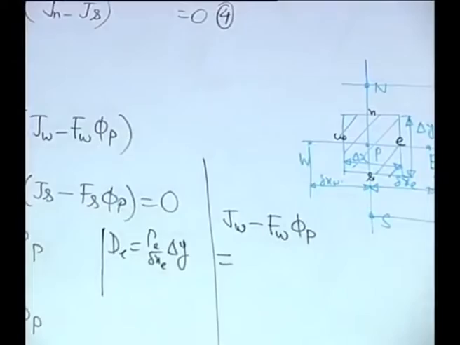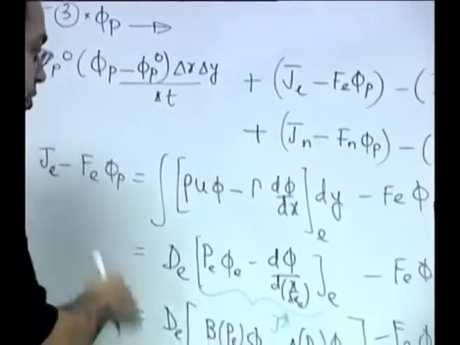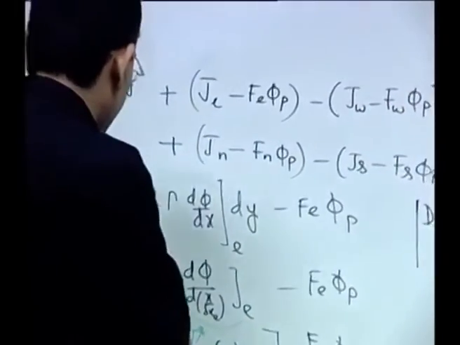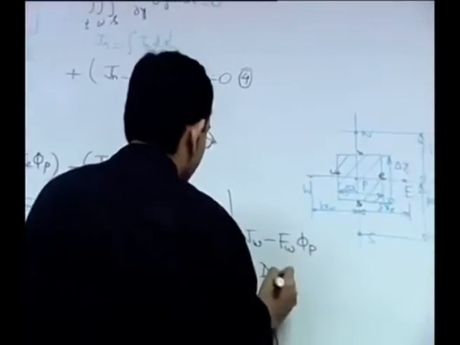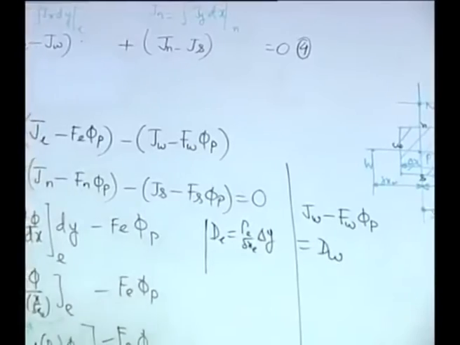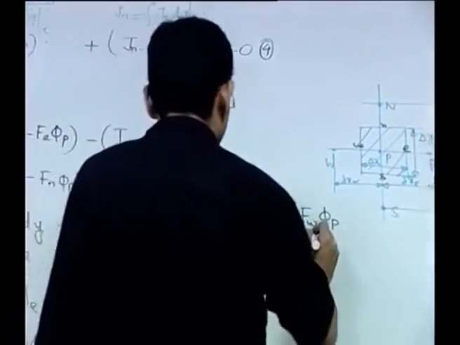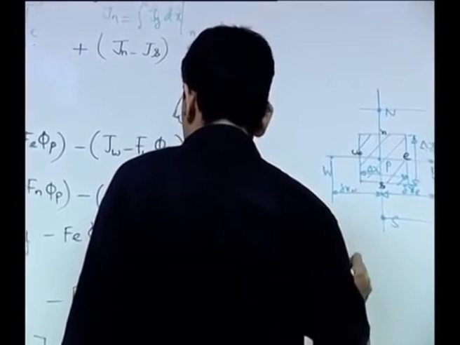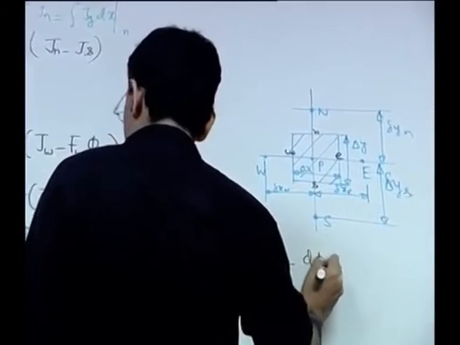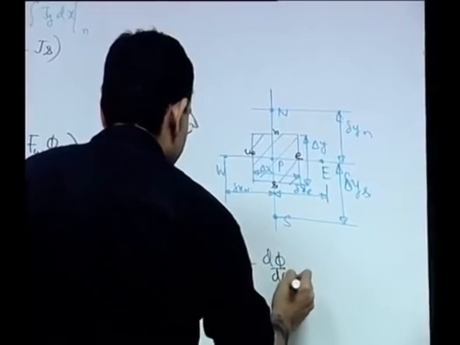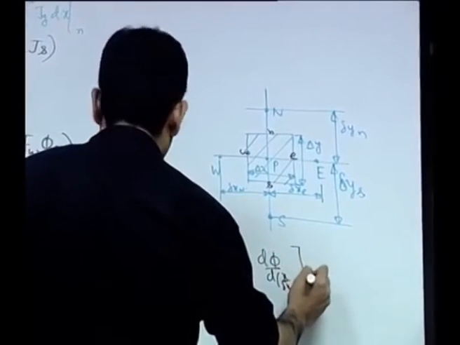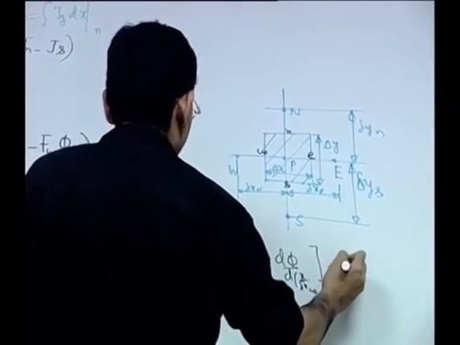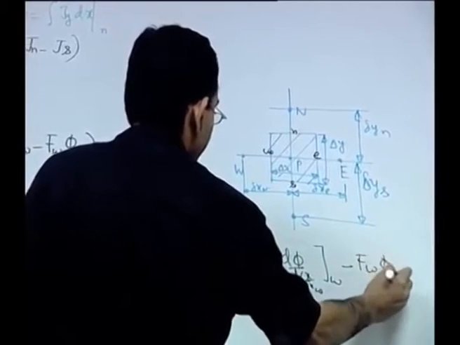Let us try to skip a few steps, take a lesson from this one and try to write. So, instead of dE it will be dW, Pw phi w minus d phi dx by delta xw, minus Fw phi p.